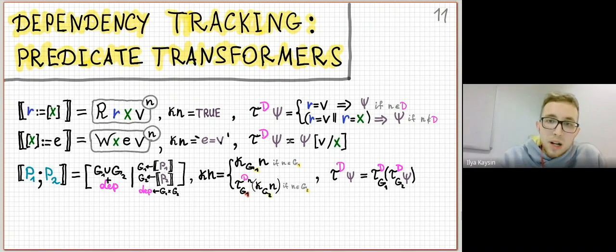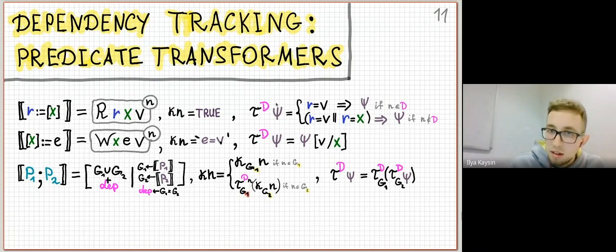And for write instruction, the predicate transformer just gets a formula and substitutes X for V in this formula. But for reads, we do something different. For reads, the transformer depends on this set D, the dependency set D.